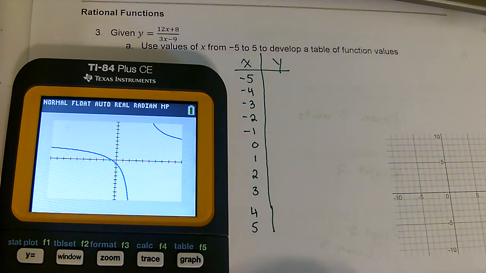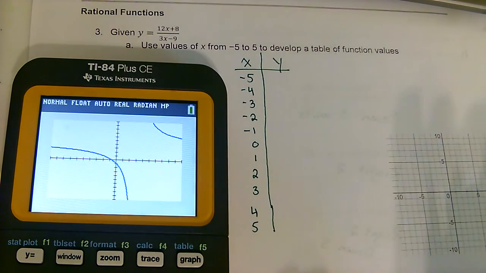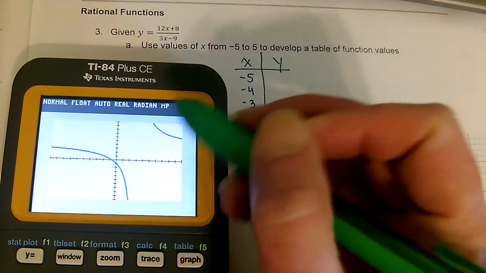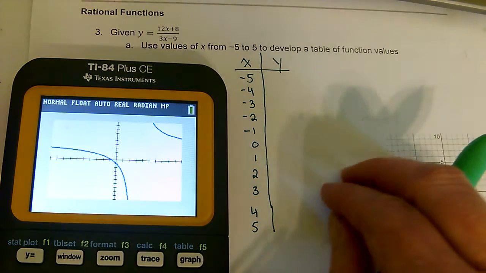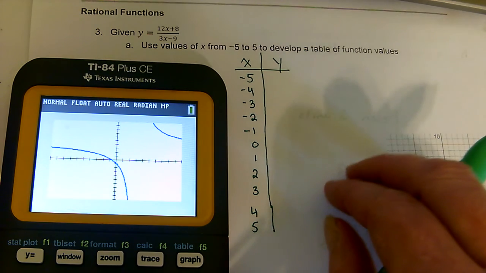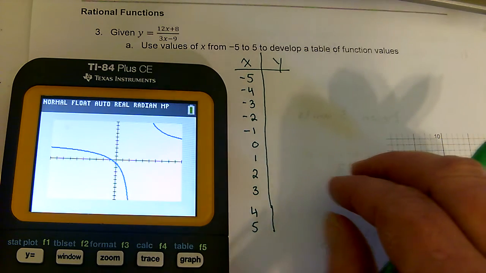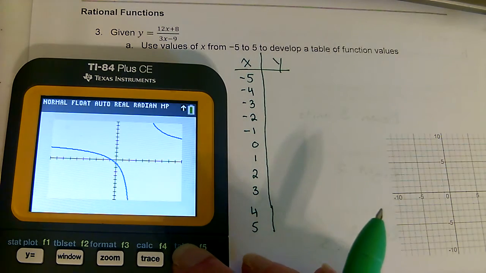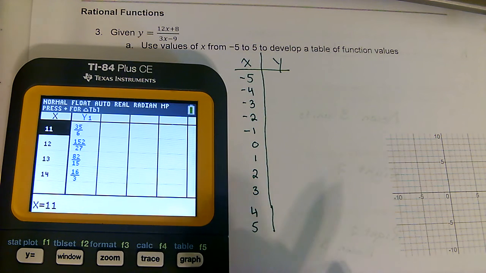It has like 2 branches on it, and they're kind of split. This one's going this way, this one's going this way. So the table's going to help me get some more points to plot. So I'm going to go second graph, and that goes to my table.